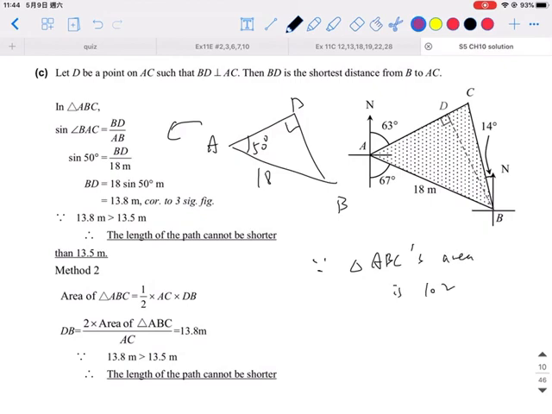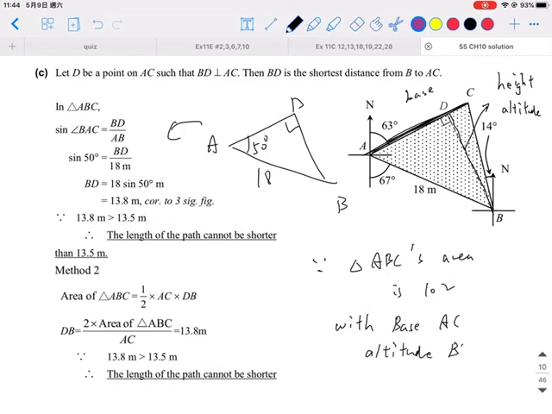Okay, and this shortest distance, we can call it the height or altitude from B to AC with the base AC. Okay, if the base is AC, the altitude is BD, which is the shortest distance. Then you can find the height DB also. Okay, so that's the end.